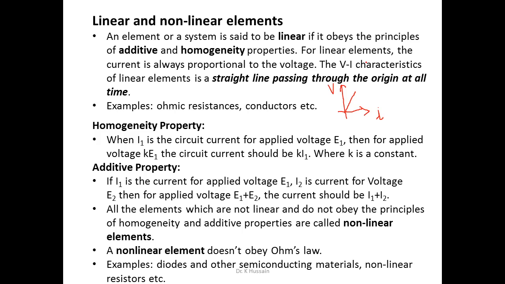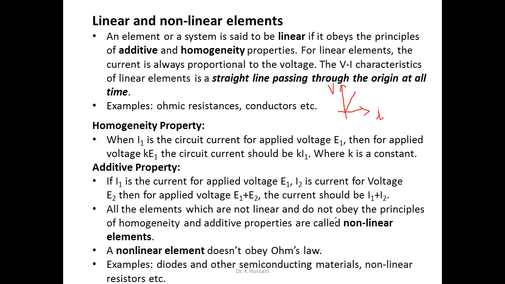So if you are applying E1 multiplied by K, the current is also multiplied by the same value. It is the homogeneity principle. In this figure also you can see the same thing: the fixed value is multiplied with that.